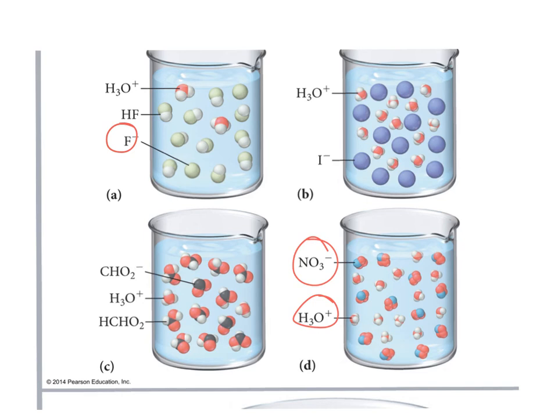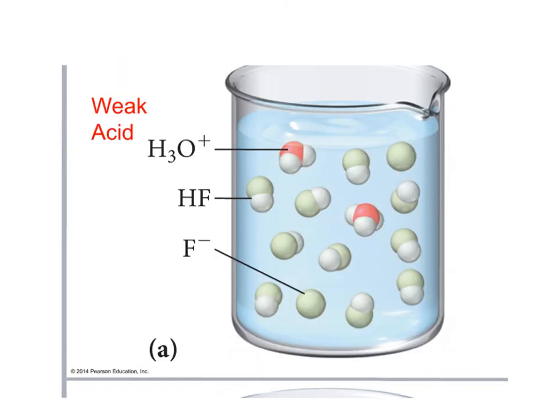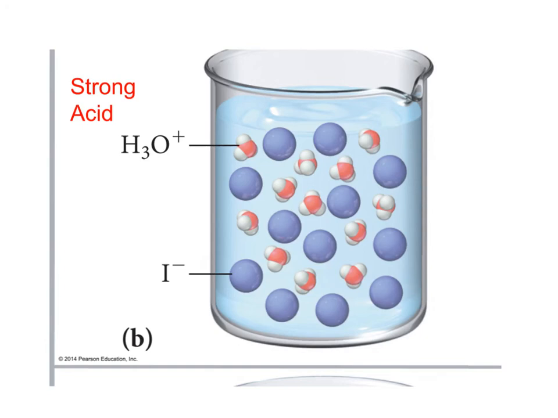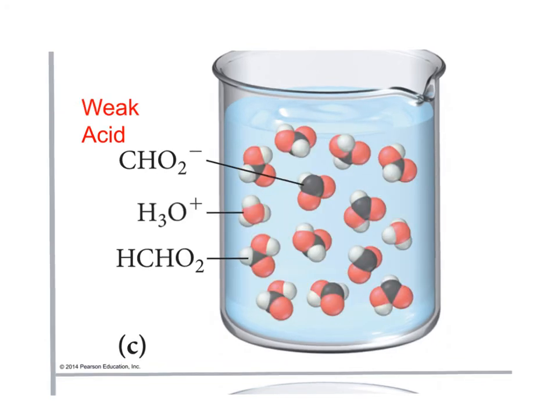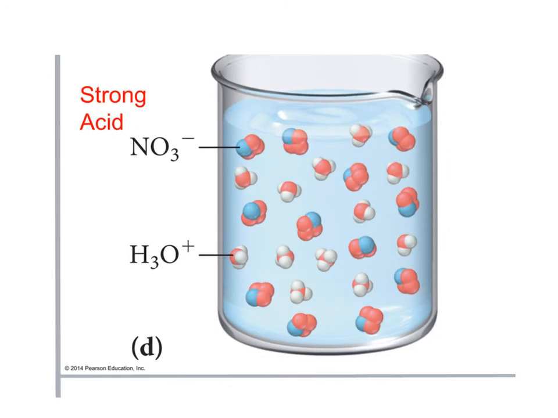But for a weak acid, there's still some of the original acid around, as well as the H3O+ and the F-. Another example of a weak acid, right? And here's an example of a strong acid. Weak acid, incomplete dissociation. Strong acid, complete dissociation.